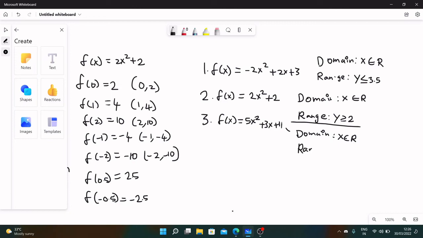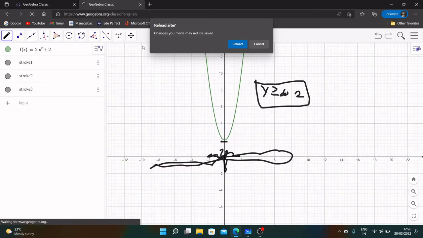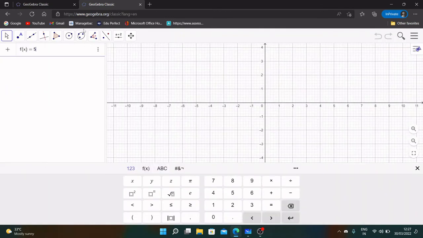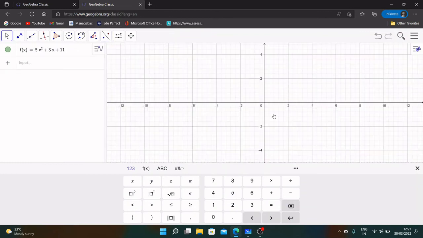Now when it comes to the range, we need to plot this graph again because range is not that easy to find. 5x² + 3x + 11. We plot this parabola.